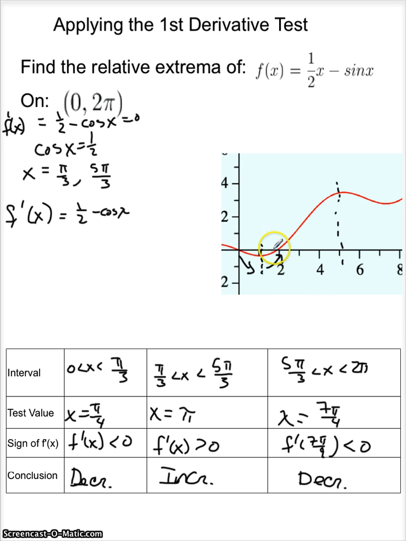And so we have a local min at x equals pi over 3. Now what about at 5 pi over 3? We're increasing and then we're decreasing, which tells us we have a maximum. Oops, 5 pi over 3, got carried away.